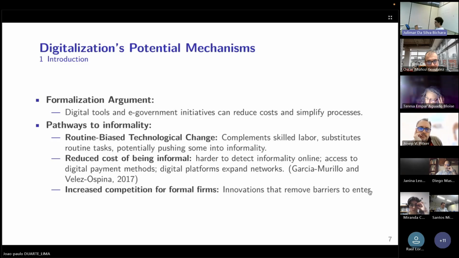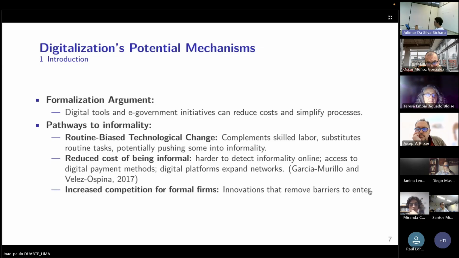As I said, routine-based technological change will complement skilled labor and substitute routine tasks, and in the end may push some people into informality. Also, the main mechanism that I think is playing a role here is the reduced cost of being informal.